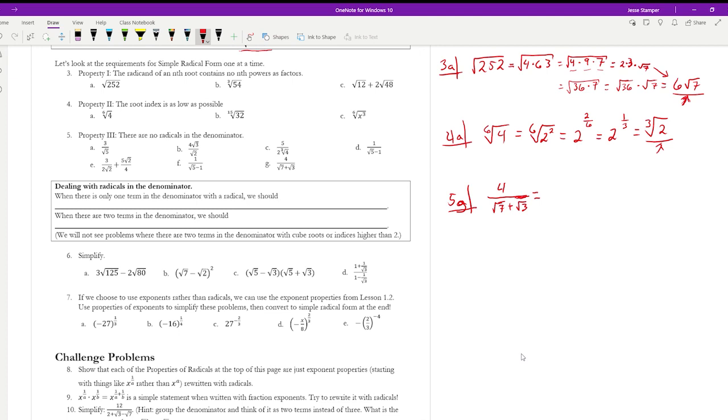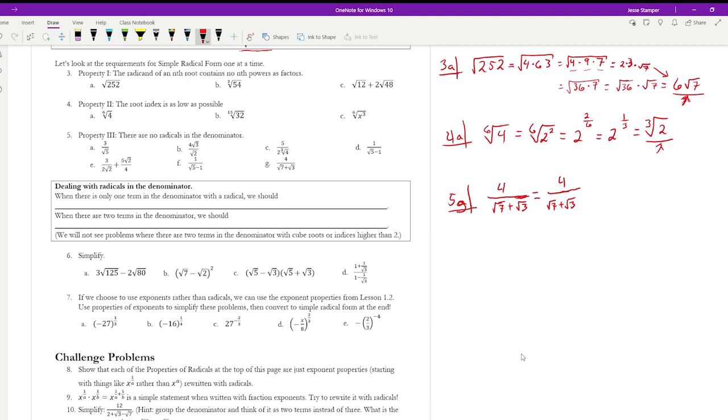Now, in Algebra 1, you should have run across what we call conjugates. Conjugate is something you multiply by a binomial, or an expression that has two terms in it, that gives you a perfect square.